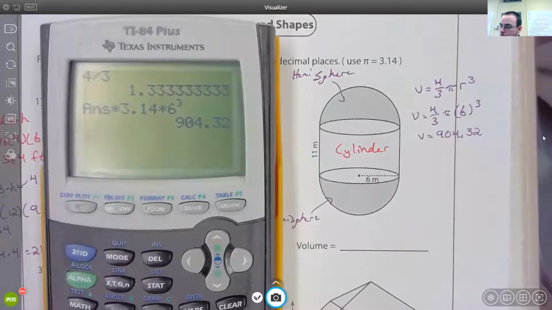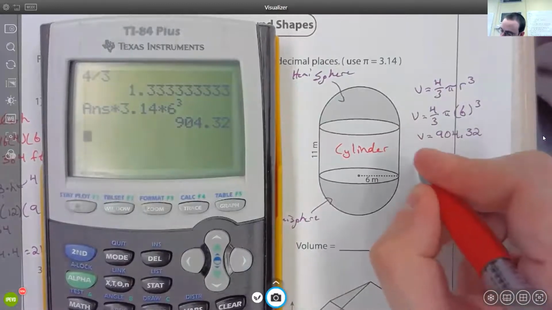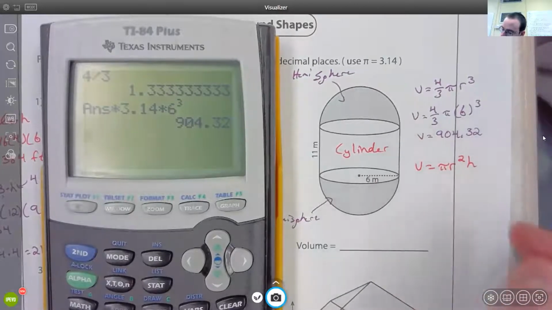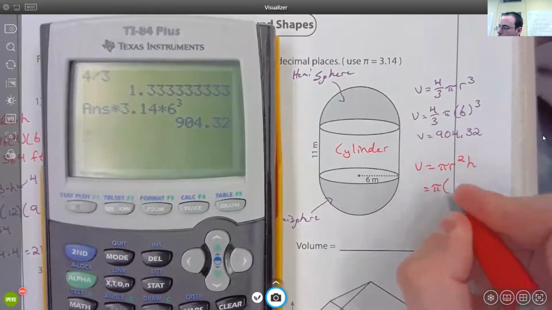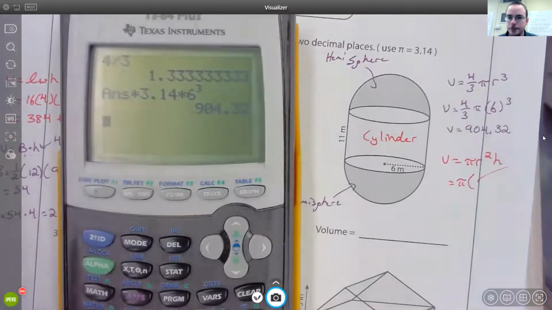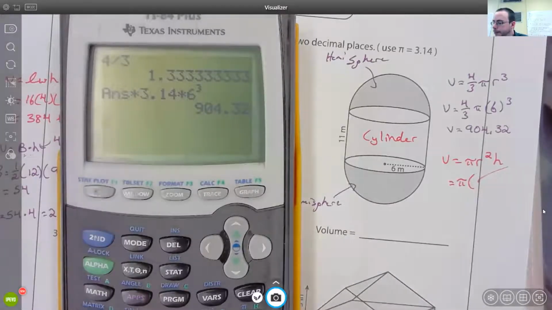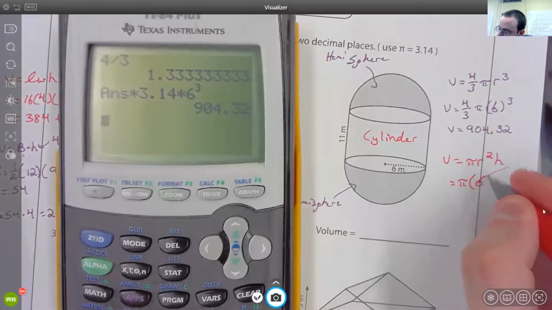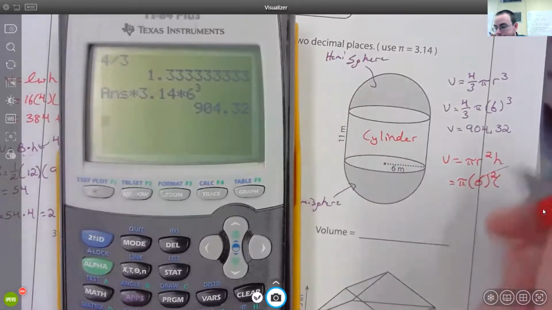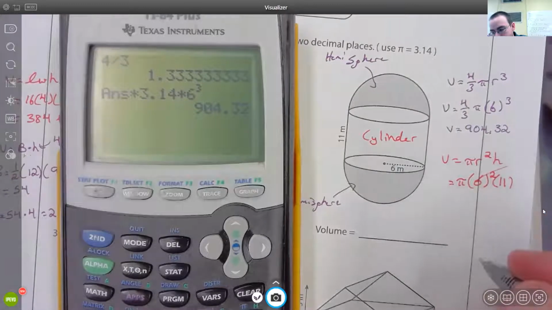Now let's find the cylinder's volume. A cylinder's volume is pi r squared h. The radius of the cylinder is 6, and the height of our cylinder is given as 11 meters.